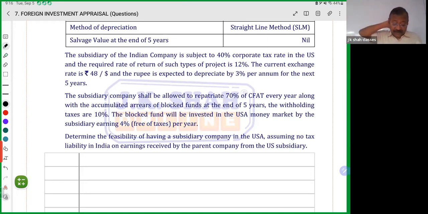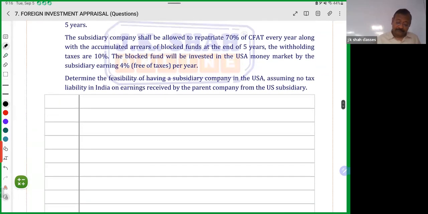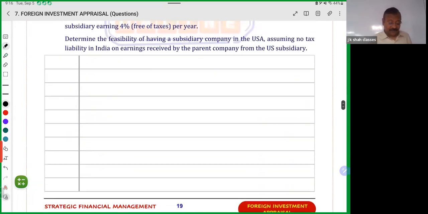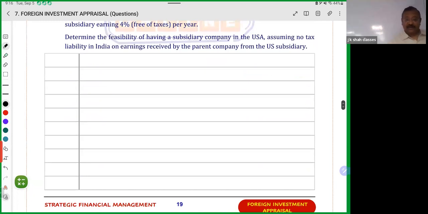Okay. Determine the feasibility of having a subsidiary in the US, assuming no tax liability in India on earnings received by the parent company from the subsidiary. Okay. How many years is the project going to be? 5 years. So that means you are going to have year 1, 2, 3, 4, and 5.